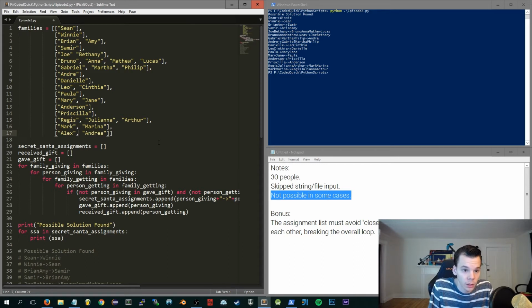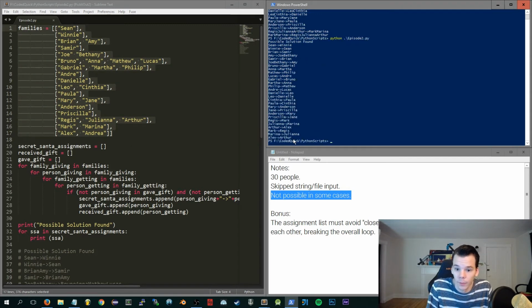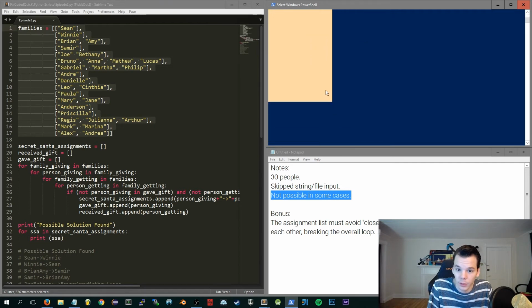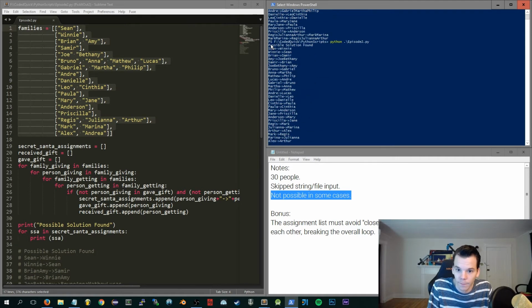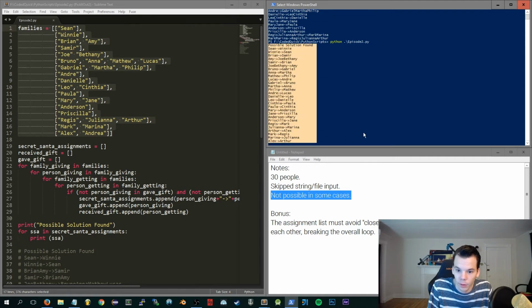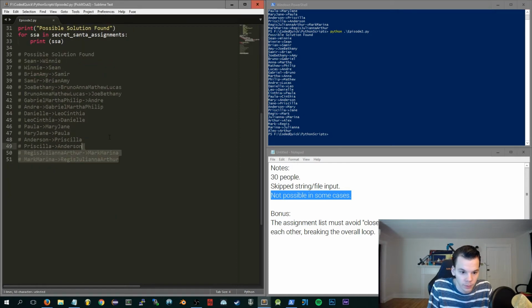Okay, so let me run this again, and I'll take this solution. Man, highlighting text, oh boy, PowerShell's a little wonky. Okay, that's everybody.